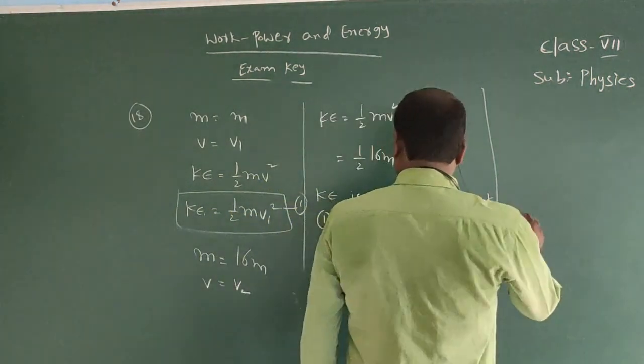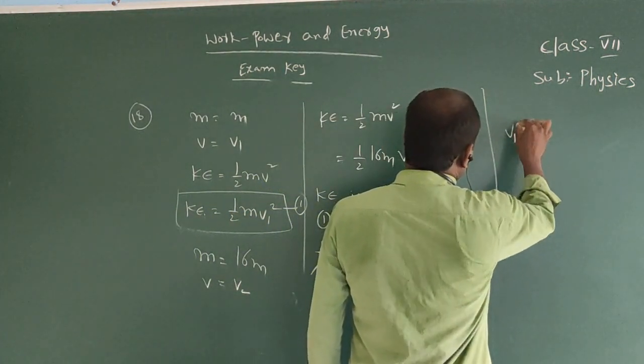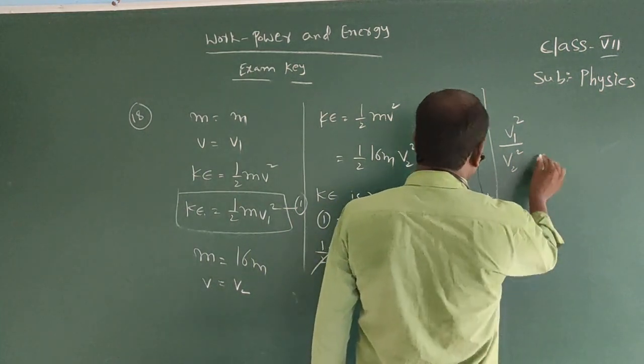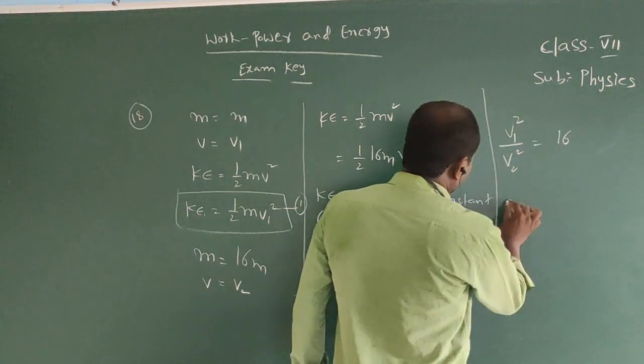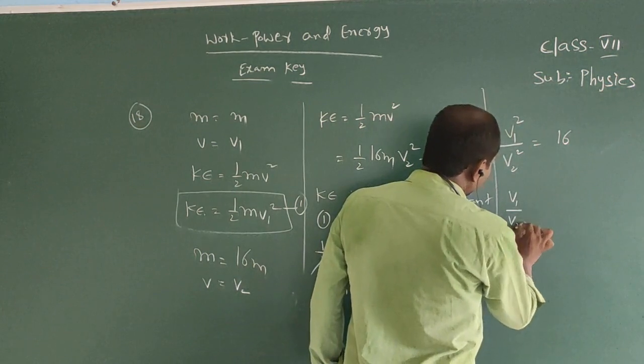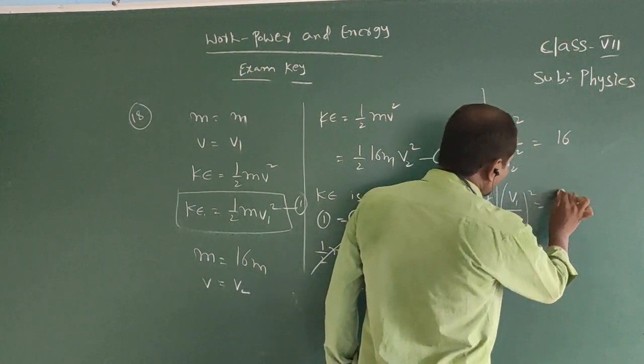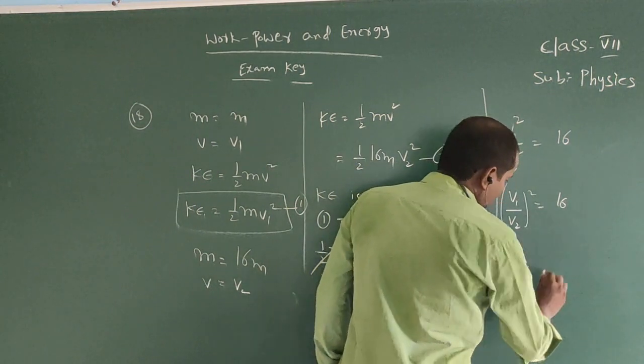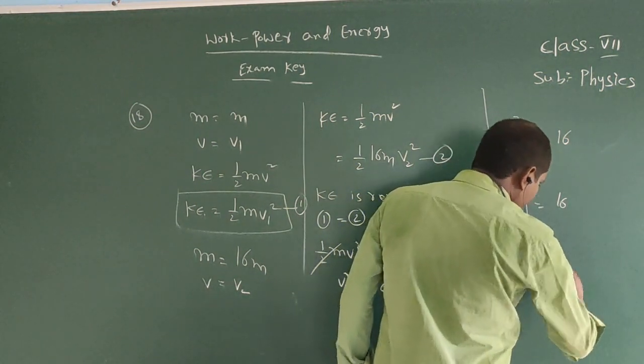We can write v1 square by v2 square equals 16. So here v1 by v2 whole square equals 16. Therefore v1 by v2 equals root 16, that equals 4.